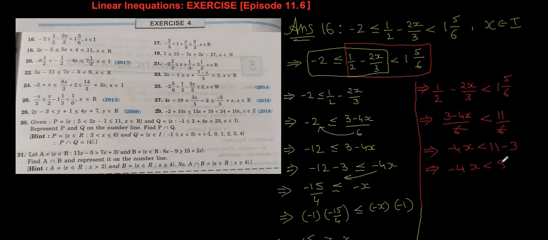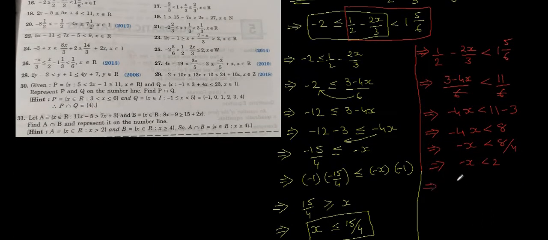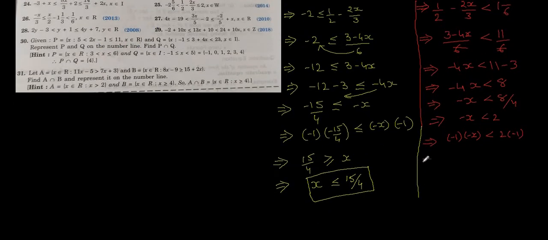Implies minus 4x less than 8, implies minus x less than 8/4, implies minus x less than 2. Multiplying both the sides by negative 1, minus x times minus 1 less than 2 times minus 1. Here the sign changes, so x is greater than minus 2.